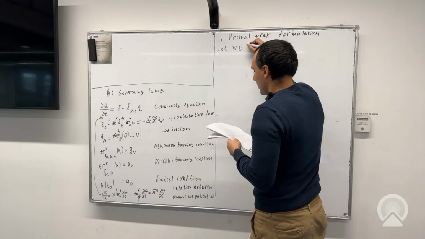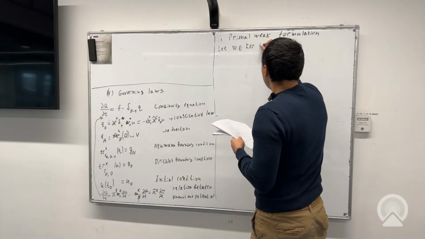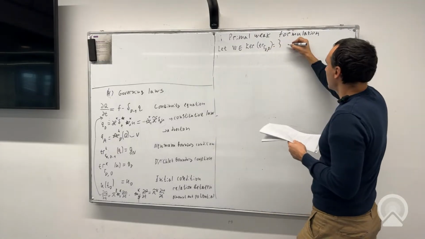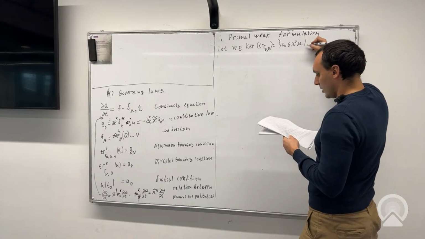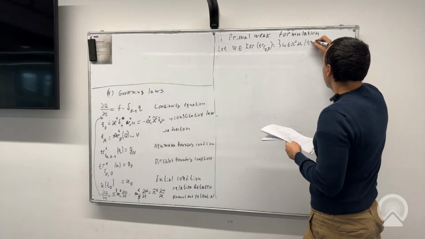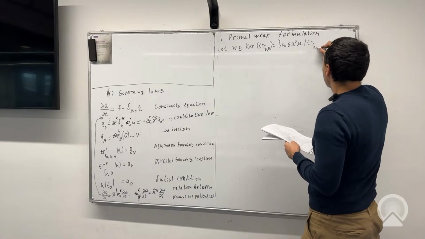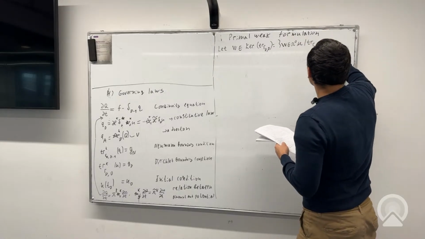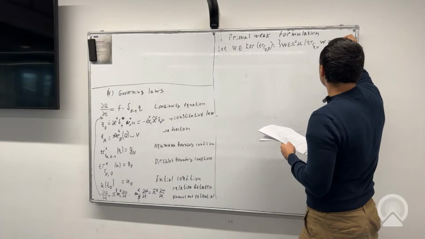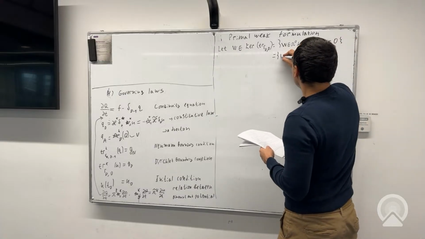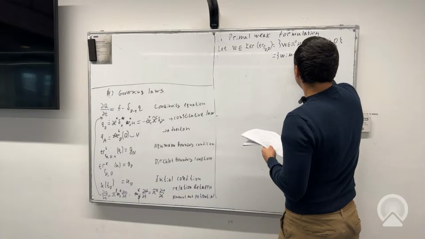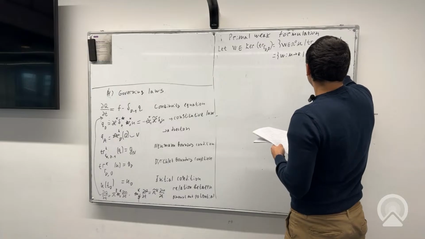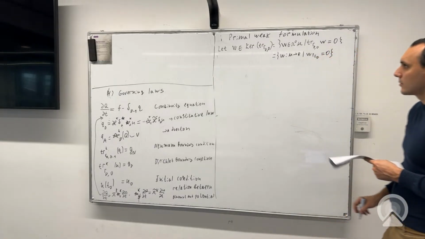So this is a function in the kernel of trace gamma D, which is the set of all functions omega such that trace of omega is 0, which is the same as the space of functions from M to R such that W with respect to the Dirichlet boundary is 0.